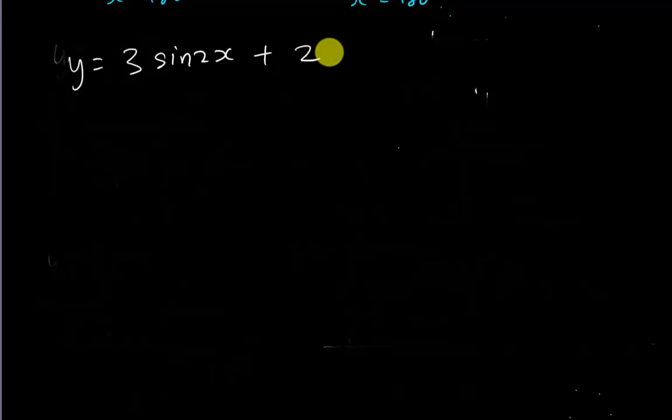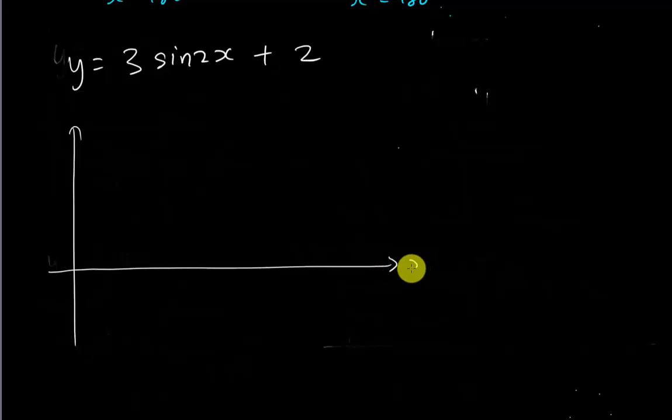Let's say, what happens if plus 2? This is how I'm going to sketch. This is my x-axis. This is my y-axis. It's plus 2, so the first thing I will do is draw the line y equals 2.